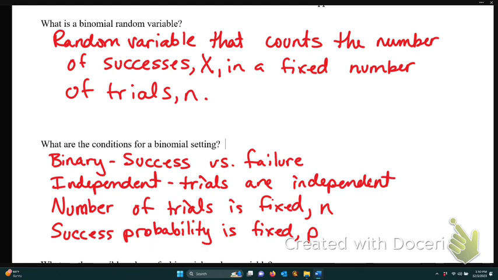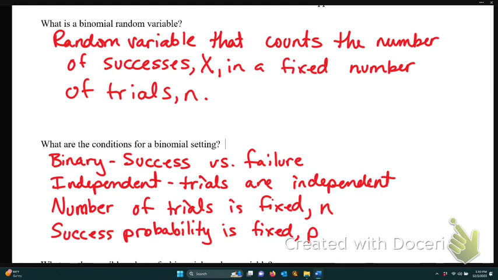For example, if I'm rolling a die and I'm notating the number of ones that I get in 10 trials, what is the success probability? When I roll a die, what's the success probability? 1 out of 6 every time, right? So when I roll a die on any trial, I have a 1 in 6 shot of getting a 1. So my success probability is the same every time I roll that die. It is 1/6, okay?